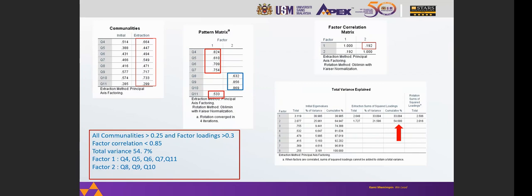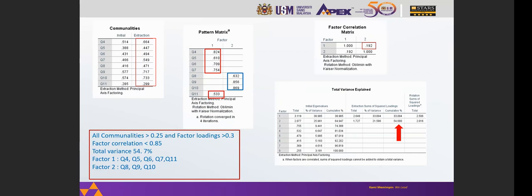So when I remove Q2, now everything is good. All the communalities are more than 0.25, factor loadings more than 0.3, and the factor correlation is also less than 0.85. And the total variance also increases. I don't show it to you here, but I also checked.